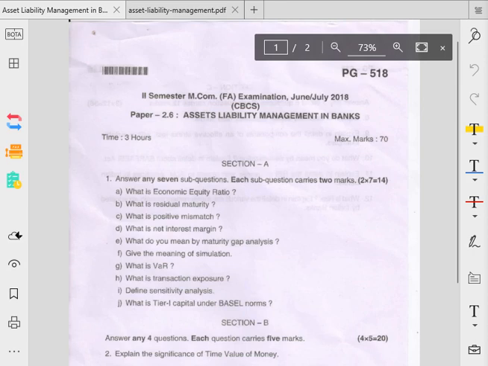For example, positive mismatch equals maturing assets greater than maturing liabilities. In a mismatch, maturing is the main thing. So positive mismatch means the maturing assets are greater than the maturing liabilities, which means cash inflow is greater than cash outflow. So that is equal to positive mismatch.